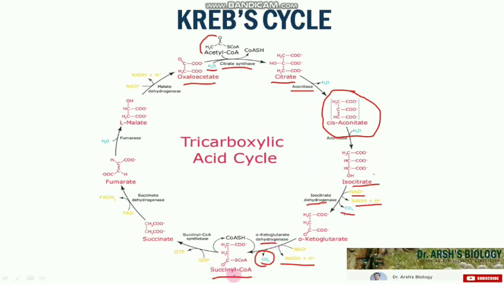Now the succinyl coenzyme A removes its coenzyme A part, and as a result succinate is formed. The removal of the coenzyme A part releases some energy, which is utilized to combine GDP plus orthophosphate to form GTP. The enzyme catalyzing this reaction is known as succinyl coenzyme A synthetase.